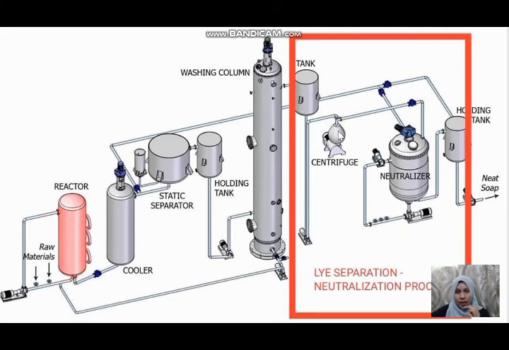And for the lye, the lye that is removed will be used as fresh lye again. So the lye will enter the top of the washing column, and soap will be removed as column overflow.